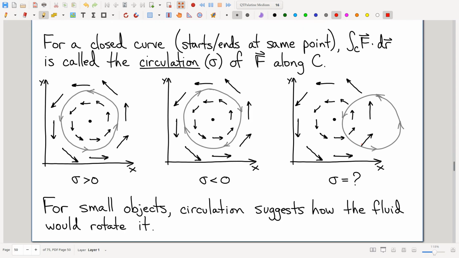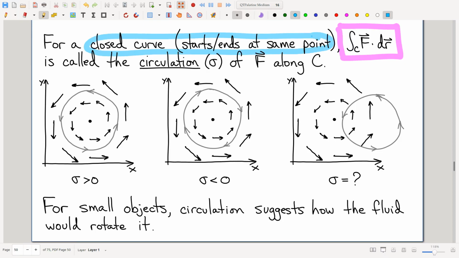And here's a closely related idea. If you're interested in a vector line integral over a closed curve, an important distinction. A closed curve is a curve that starts and ends at the same point. Like here, maybe you say I'm starting there, and then notice it ends right back where it started.